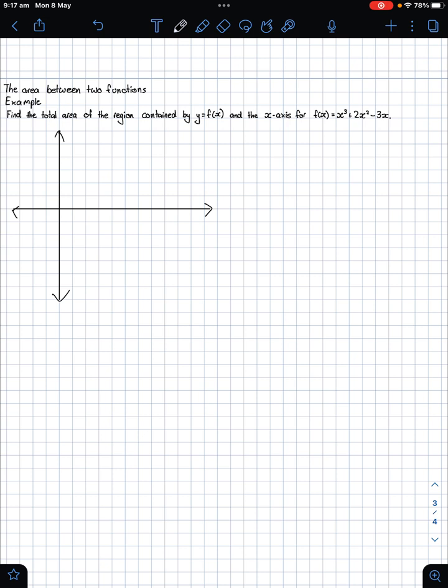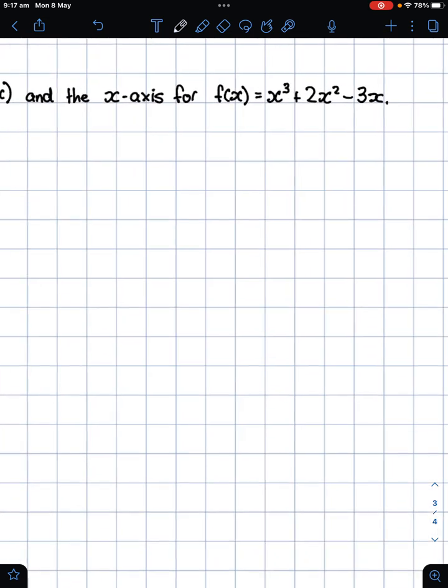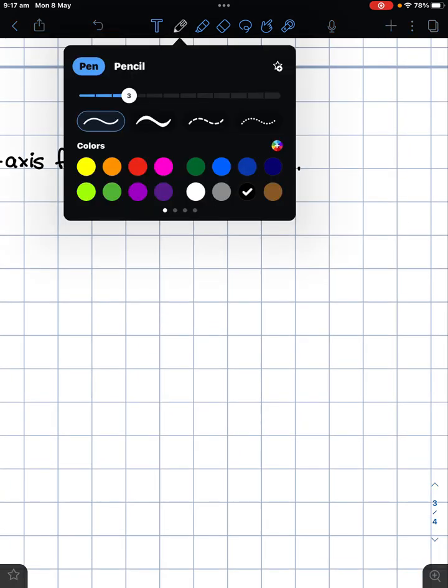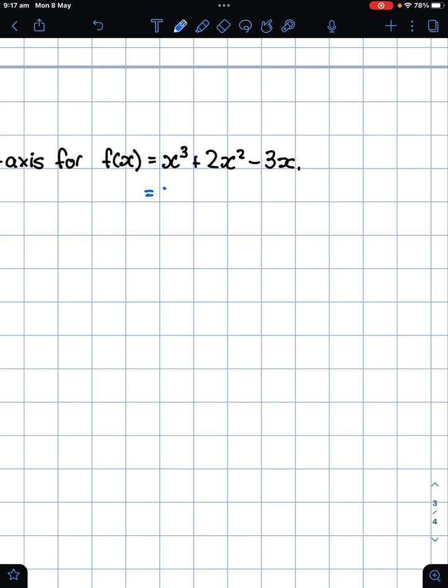So x cubed, I'm typing this in my calculator, that's why you're not seeing anything, plus 2x squared minus 3x. I've typed that in the graphing mode. For us, this has a common factor of x. If we pull that out, we're left with x squared plus 2x minus 3.